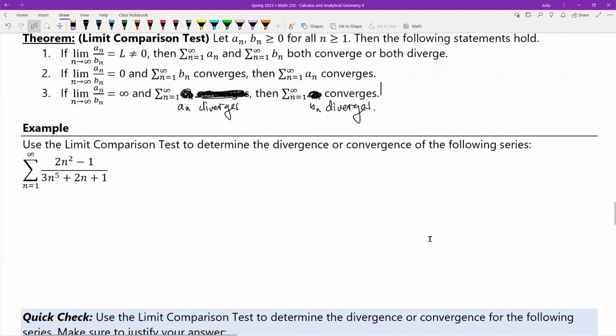Use the limit comparison test to determine the divergence or convergence of the following series. Here's our series. I'm going to do this in two ways, comparing it with two different series. The first one, I'm going to compare with the sum from n equals 1 to infinity of 1 over n squared.